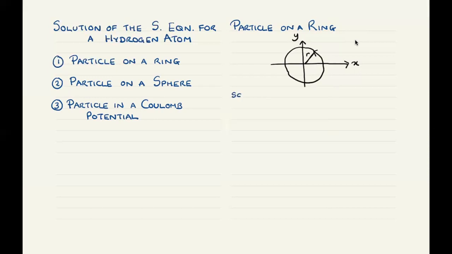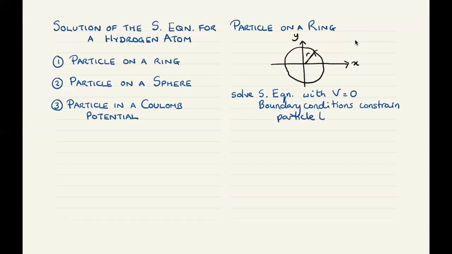And our task is to solve the Schrödinger equation with V equal to 0. And our boundary conditions are such that they constrain the particle to the ring of radius r.